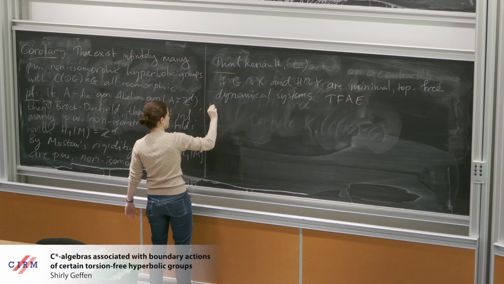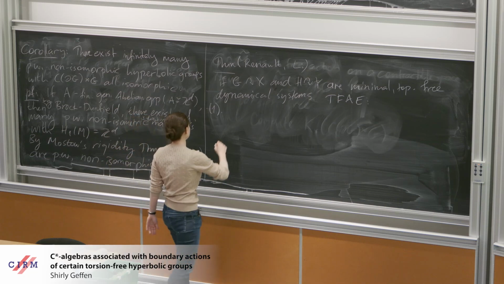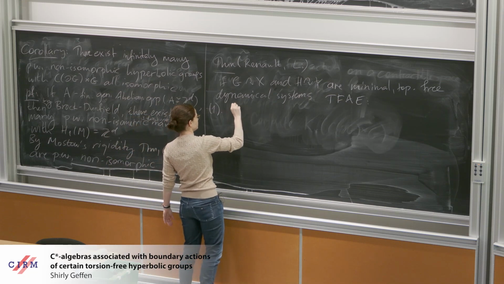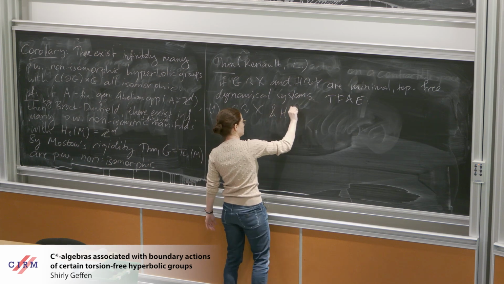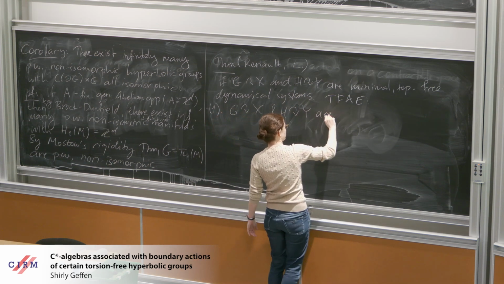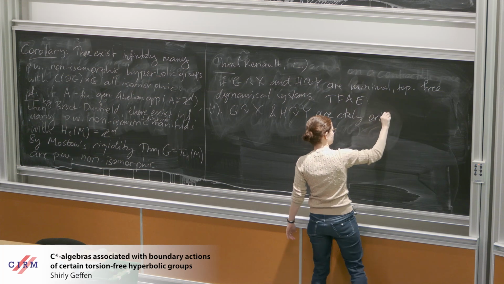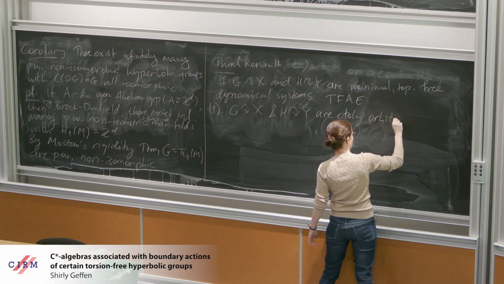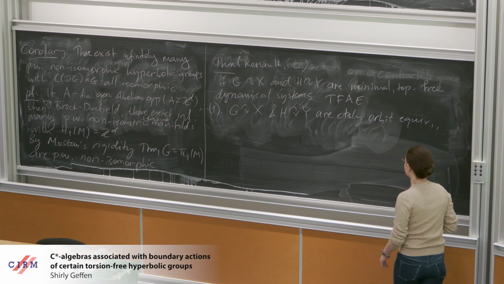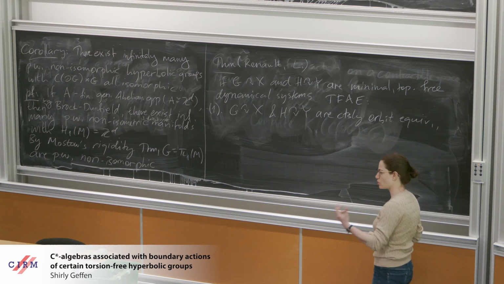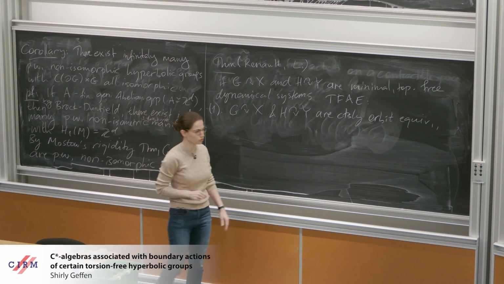First, the dynamical systems are continuously orbit equivalent, which essentially means that there is a homeomorphism between X and Y, preserving the orbits in a nice way, in a continuous way.